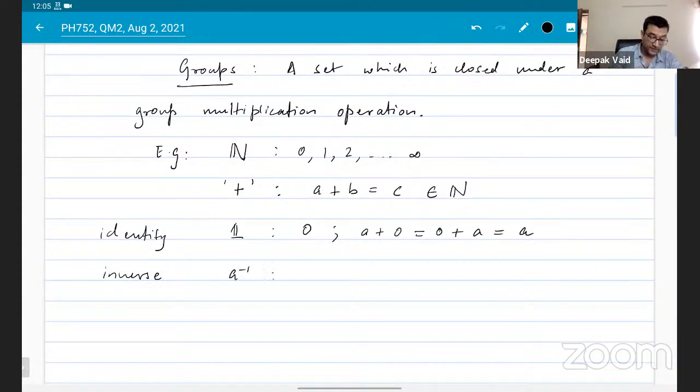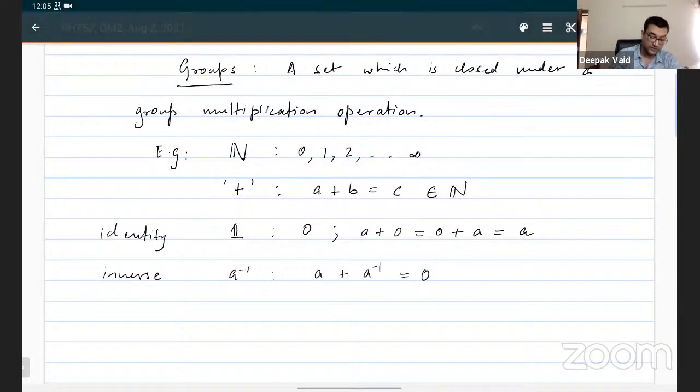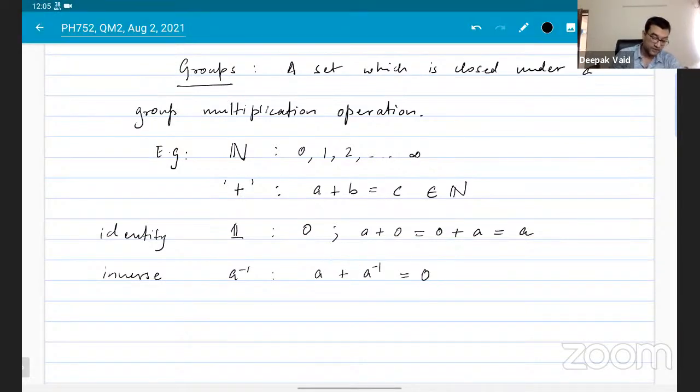So an inverse means that if I have any element of the group, there should exist another element of the group which I denote by A inverse, such that multiplying the two gives me the group identity. In this case, 0. So in this case, group multiplication is just addition of numbers, identity is 0.